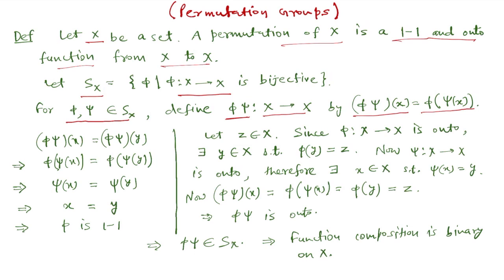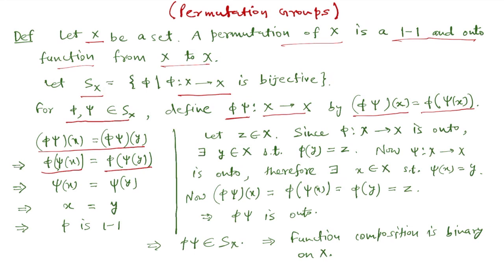Now, to show that phi psi is again a member of Sx, we will have to show that phi psi is both 1-1 and onto. Let us first see whether it is 1-1. Suppose phi psi of x is equal to phi psi of y for two elements x and y in X. Then phi of psi of x is phi of psi of y.